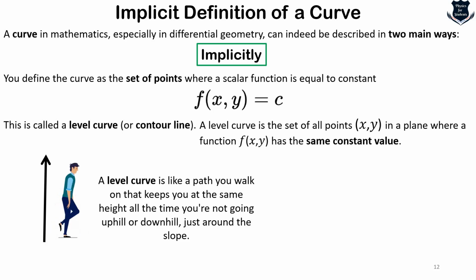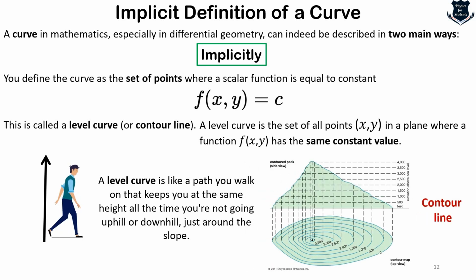So that means you're neither going uphill nor downhill, and you're walking constantly. As it is technically called, this is also called a contour line. That is the height from the sea level. So you walk and walk, but your height is not changing. This is basically what is called the implicit definition of a curve.